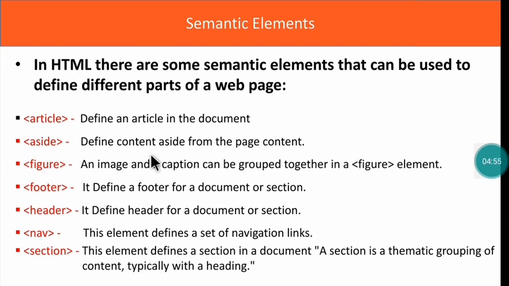Author information, related links, related content and advertisements are examples of content that may be found in aside elements. Means in a web page, if you open it, you can see on the right hand side some content is placed. That content is the aside element in a web page. That may be related links, author information, related content, advertisements, etc.